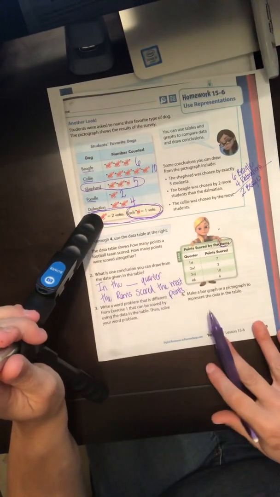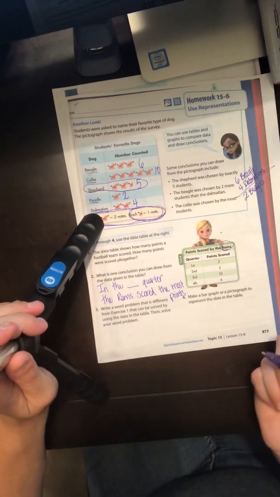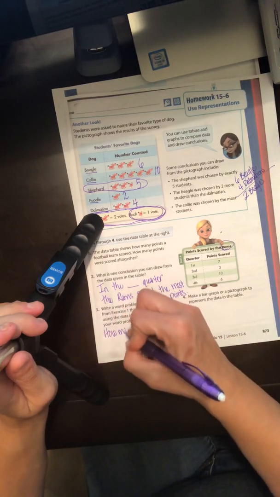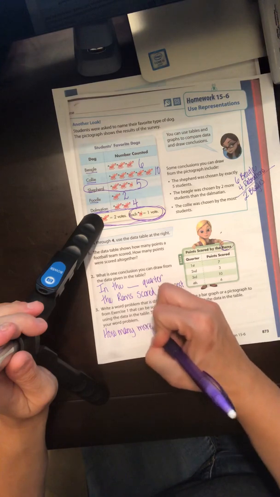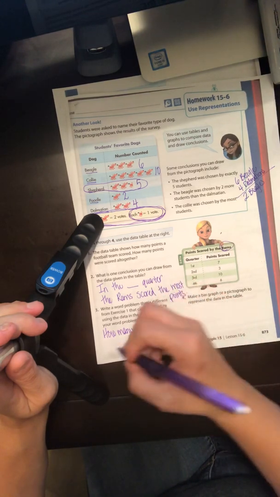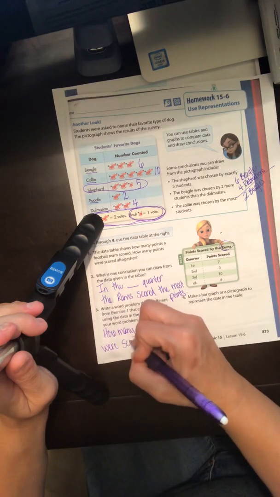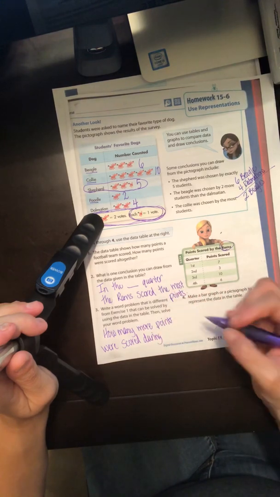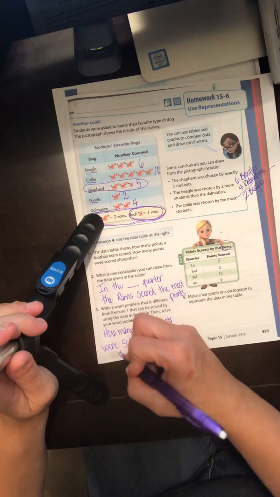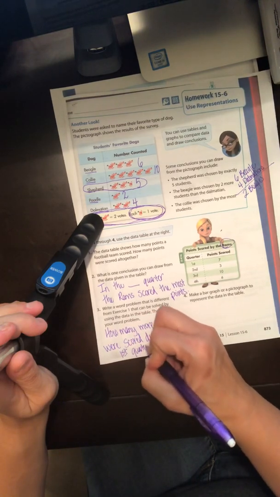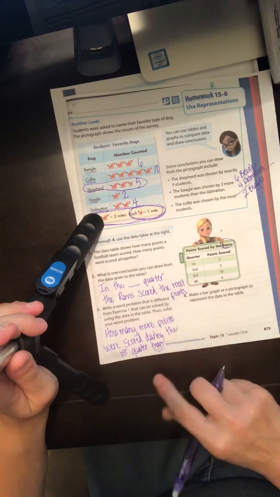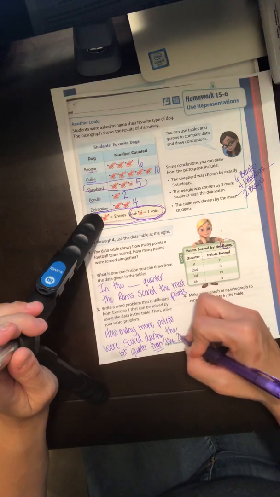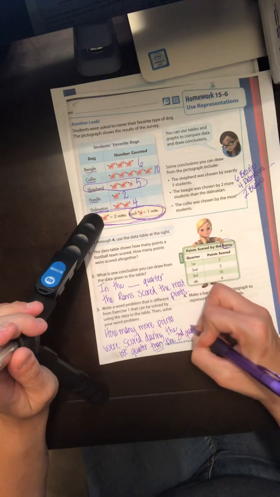I would like you guys to write, how many more points were scored during the first quarter than, remember I put than because I am comparing, than the second quarter. Okay?